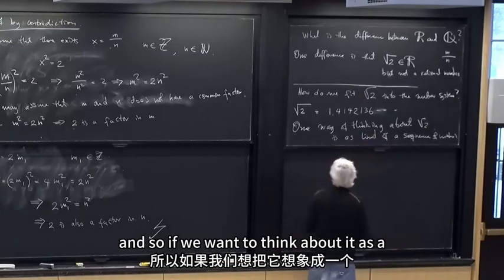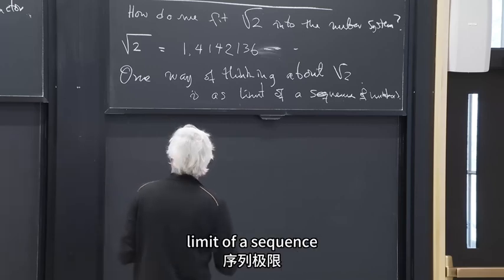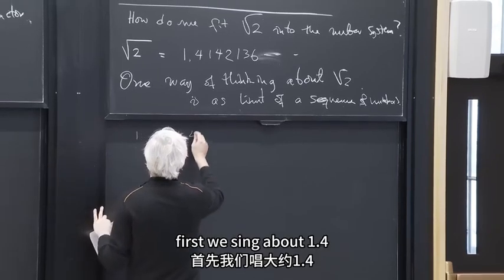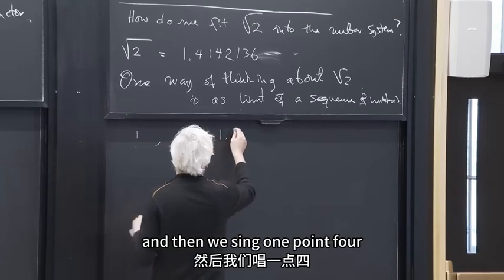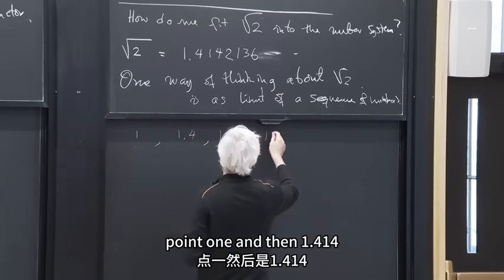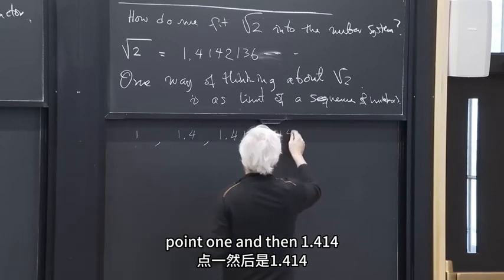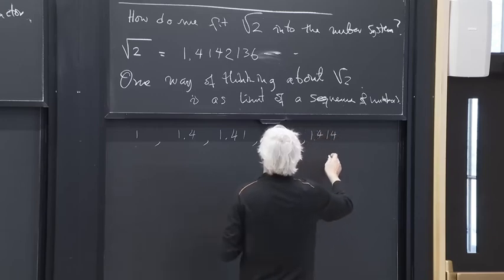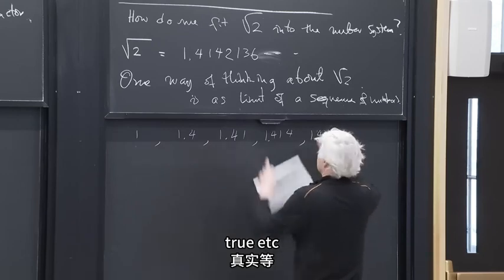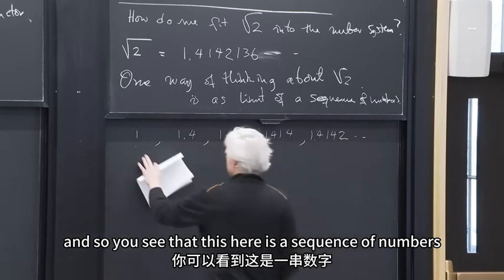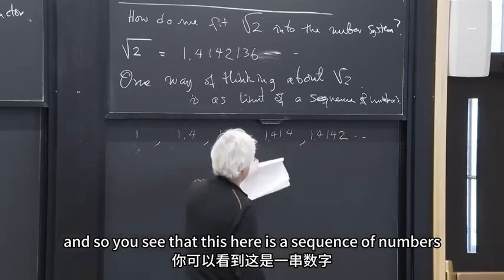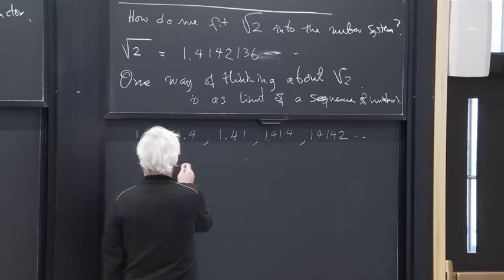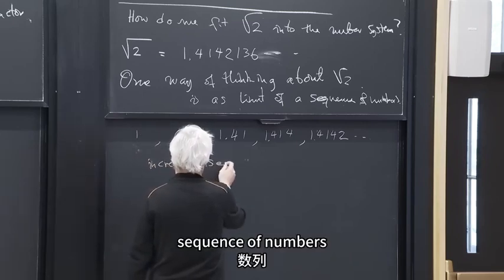And so if we want to think about it as a limit of a sequence, we think about maybe the number 1 first, and then 1.4, and then 1.41, and then 1.414, and then 1.4142, etc. Right? And so you see that this is a sequence of numbers, and this is an increasing sequence of numbers.